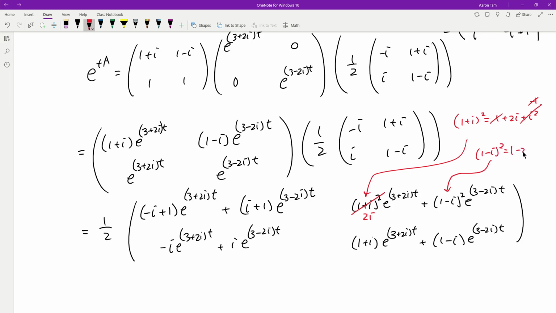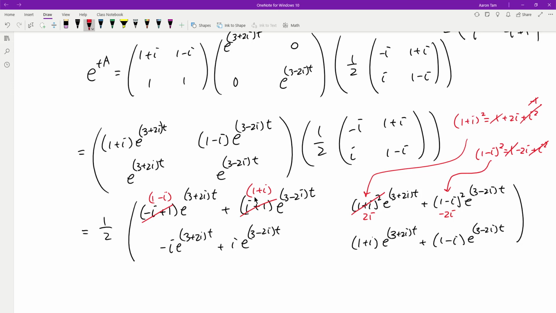It becomes 1 minus 2i plus i squared, where again the i squared and the 1 cancel out. So that becomes negative 2i. So it looks like I have simplified as much as I can, except maybe I'll write this one as 1 minus i and this as 1 plus i. I think that might be as much as I can do at this stage.